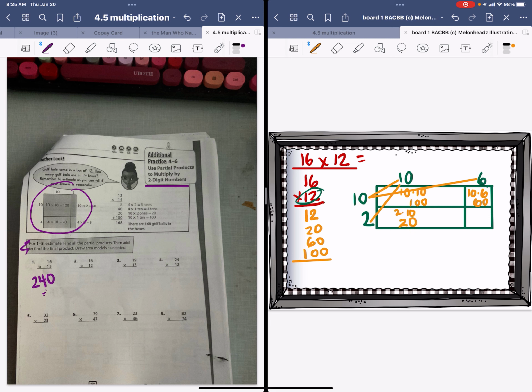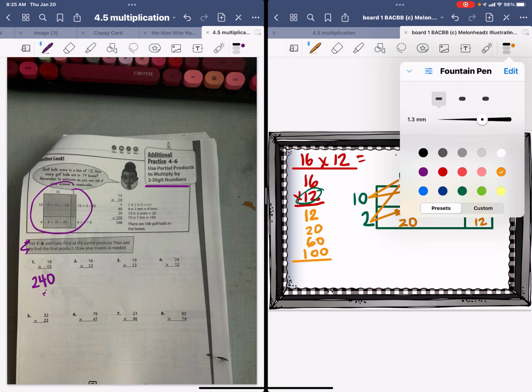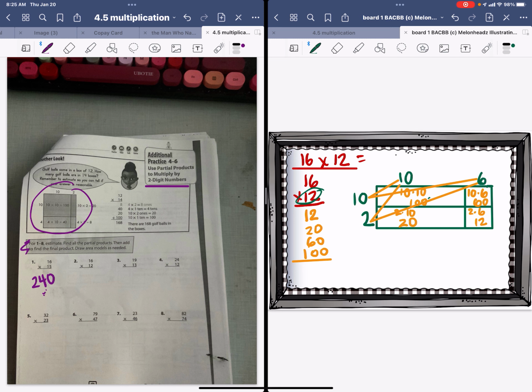Okay? And then I'm going to multiply 2 times 6. 2 times 6, the product is 12. All right? So the partial products are 100, 60, 12, and then 20. All right?